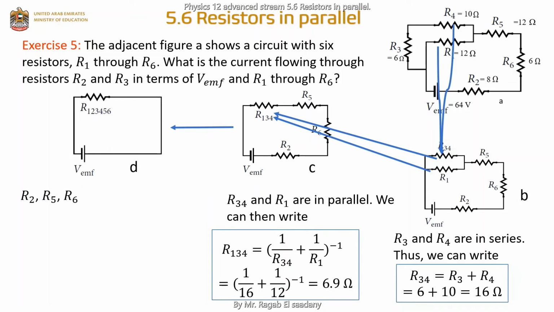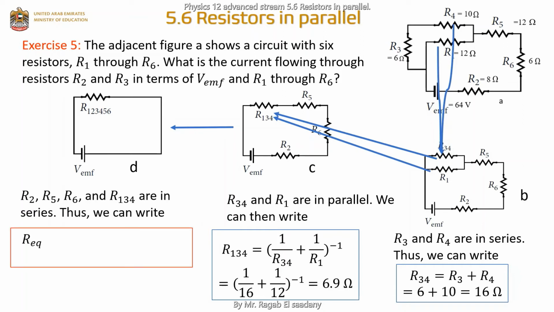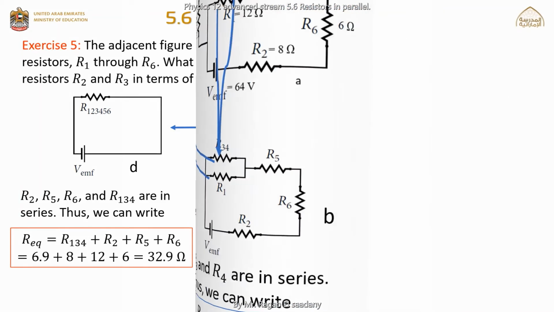R2, R5, R6 and R134 are in series, thus we can write R equivalent equals R134 plus R2 plus R5 plus R6 equals 6.9 plus 8 plus 12 plus 6 equals 32.9 ohms.